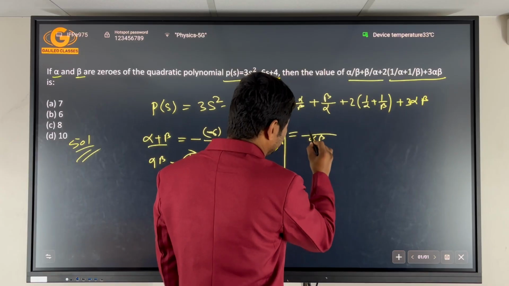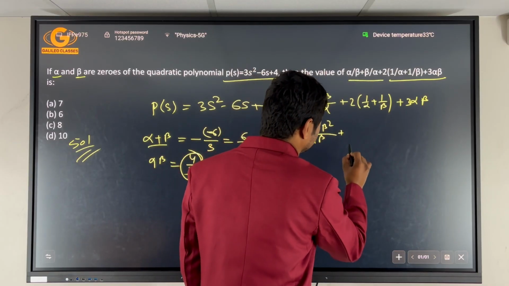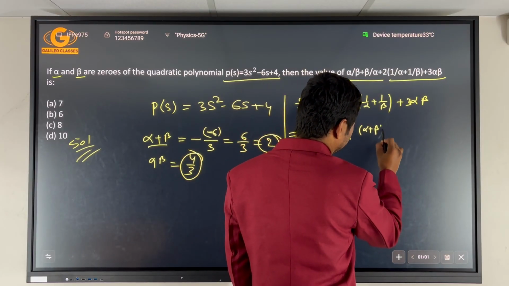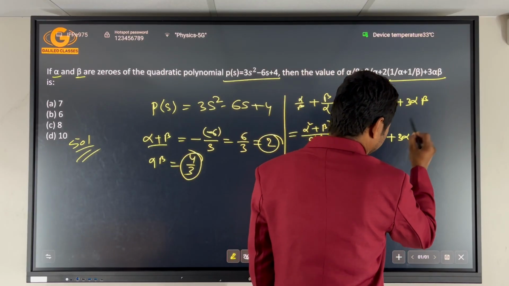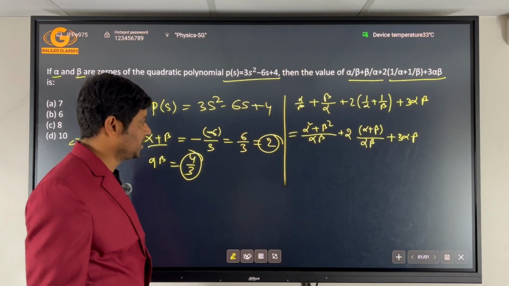Adding, alpha square plus beta square by alpha into beta, plus 2 into (alpha plus beta) by alpha beta, plus 3 alpha beta. You can put the values of alpha beta and alpha plus beta.